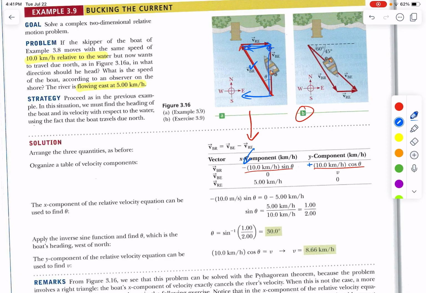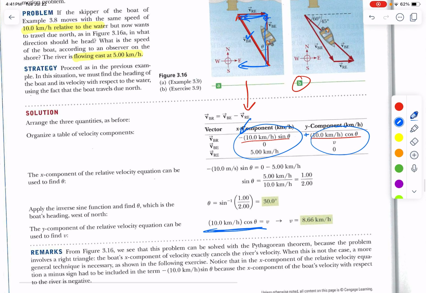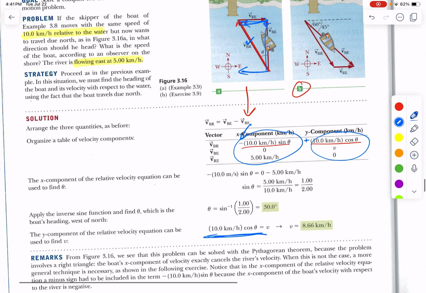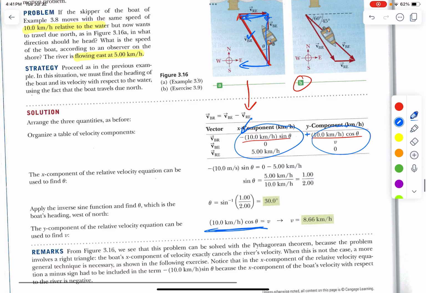And then when we add these vectors together, we add the two x's together, and we're going to get a 5. We add our y's together, and there's only one thing to add. And now we can find our angle, which is going to be 30 degrees. And then here's my component, which is going to give me the boat's going to have to set out at 8.66 kilometers per hour. So that is compensating for the velocity of the river so you can end up at your destination on the wharf.